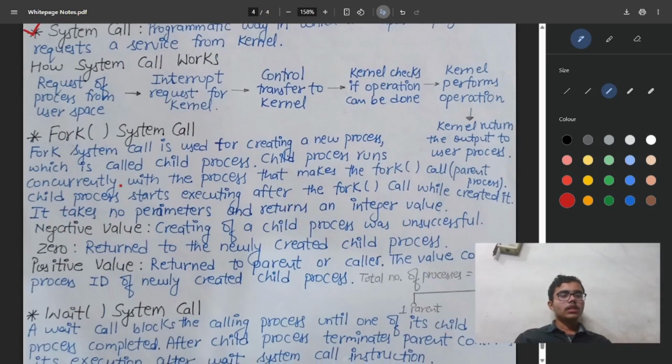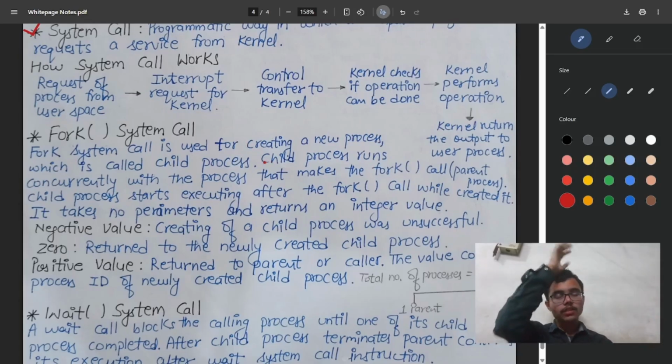For the fork system call, basically a numerical is given: you have a program with fork system calls, and you have to tell how many child processes and how many parent processes there are. The fork system call is used for creating a new process, which is called a child process.